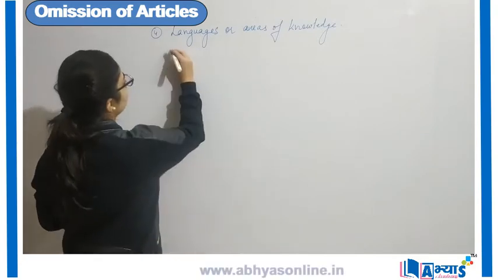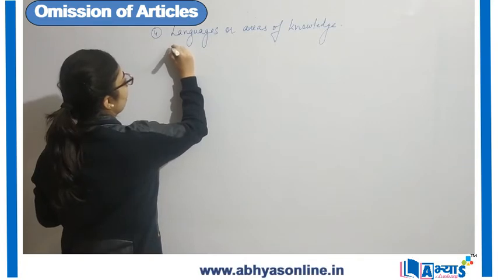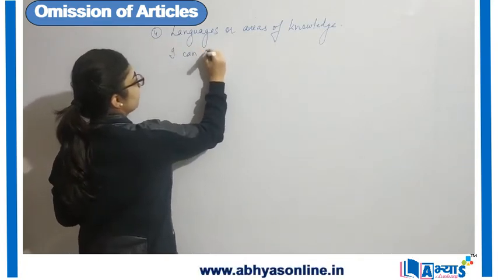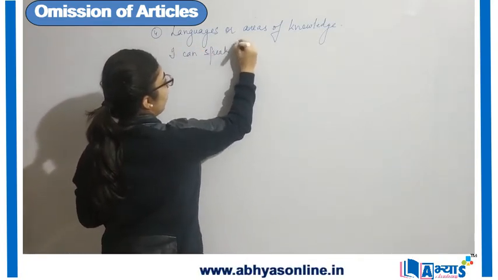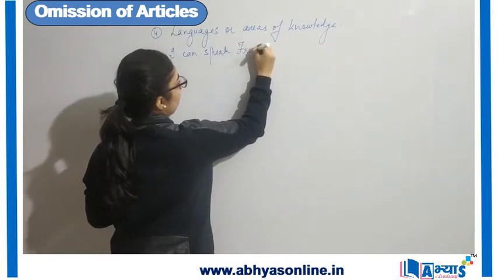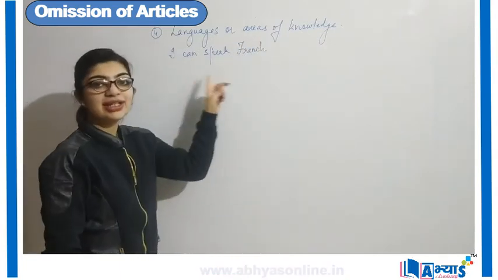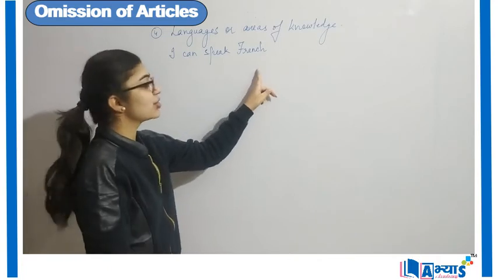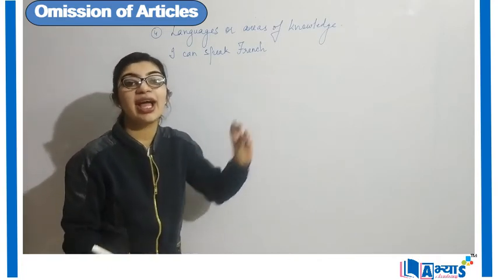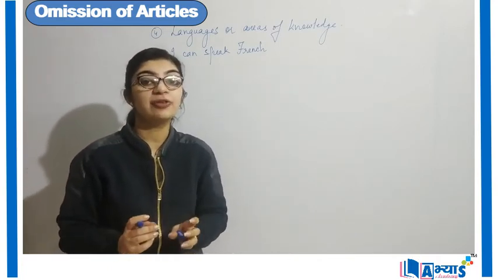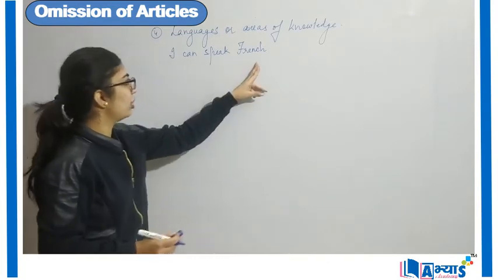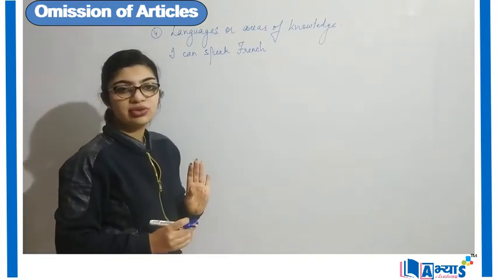Example is: I can speak French. Now when I say I can speak French, French is a language. I cannot say I can speak a French, the French. No. Before languages, no article is used, right?